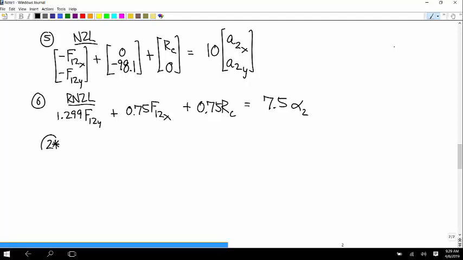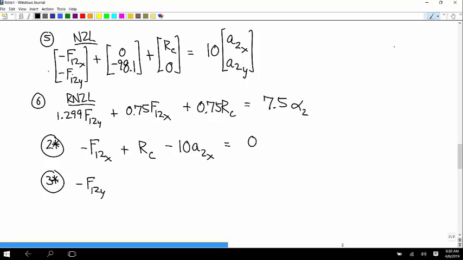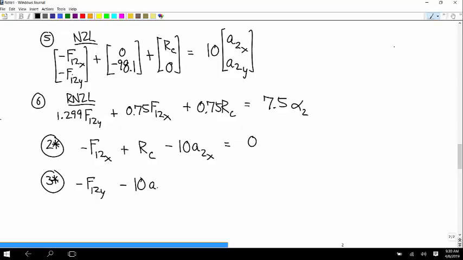So equation 2 star says negative F12X plus RC minus 10 A2X is equal to 0. Equation 3 star says negative F12Y minus 10 A2Y is equal to positive 98.1.